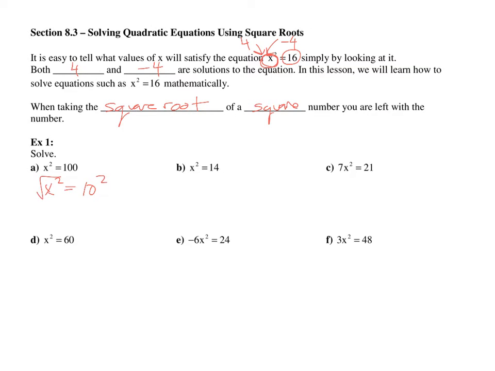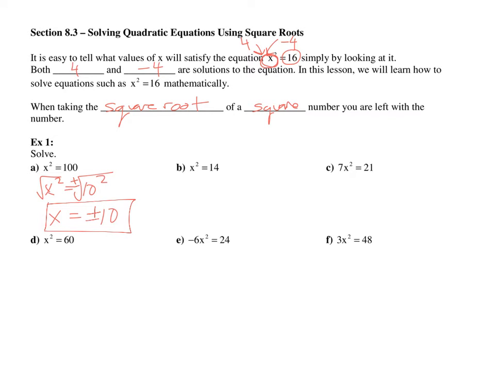So if I take the square root of both sides, I end up with 10. Now, I know that x can also equal negative 10. So whenever you introduce a square root into the problem, include both the positive and the negative case. All right, so there's our answer there.